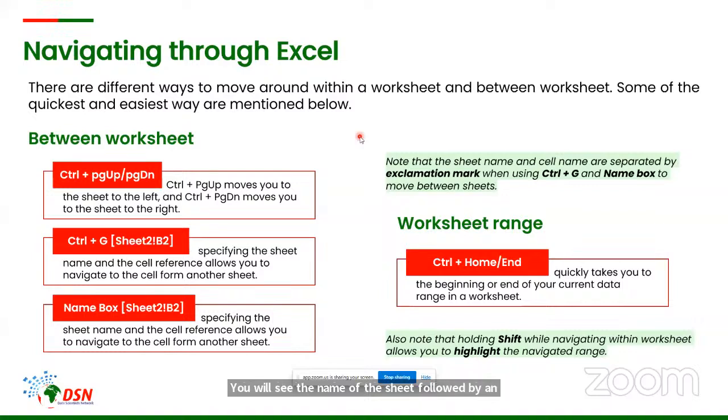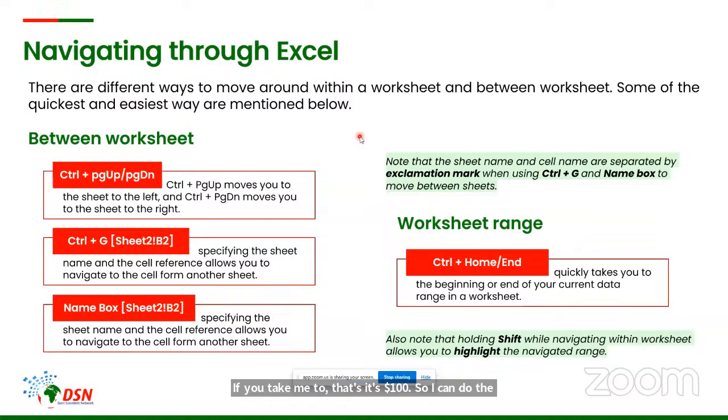So let's say I'm looking for the total amount of money that I earned in January, and I know that January is the name of the sheet. I can just say January, exclamation mark. If the name of the cell is C100, I'll just put C100. It will take me there. That is what Ctrl G does. I can do the same thing in the Name Box.